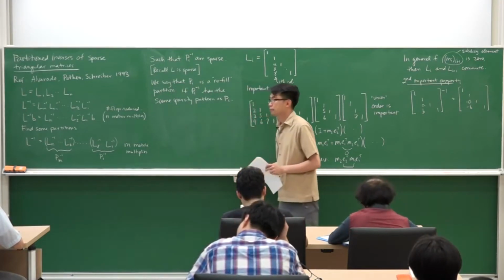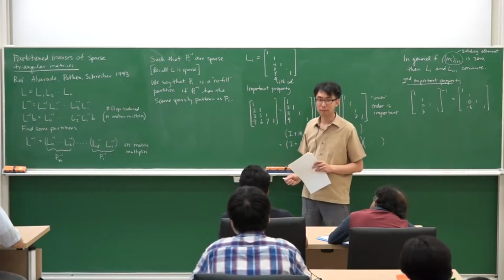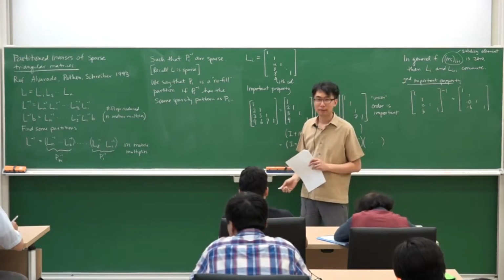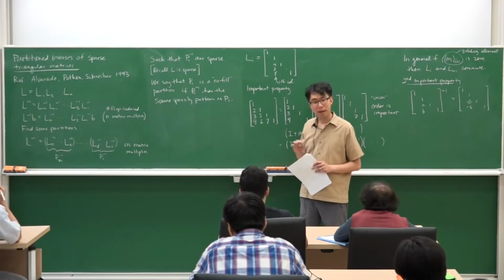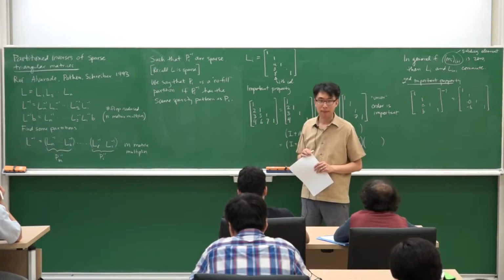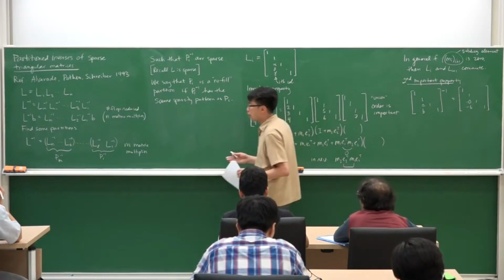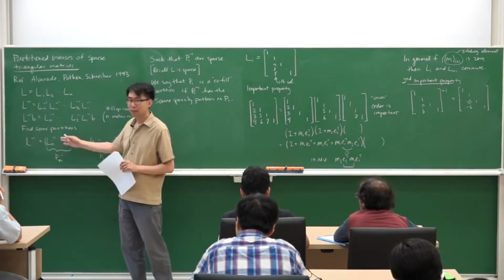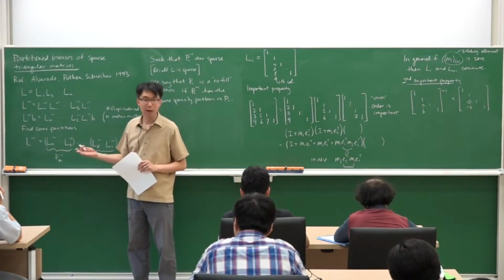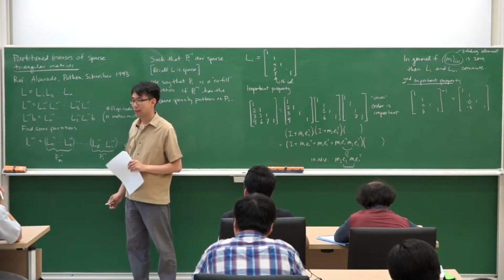Okay. So can this be done? Well, not always. It's going to depend on your sparse matrix, right? And in the worst case, you can just choose all of the partitions to be a single factor. So that will always work, right?